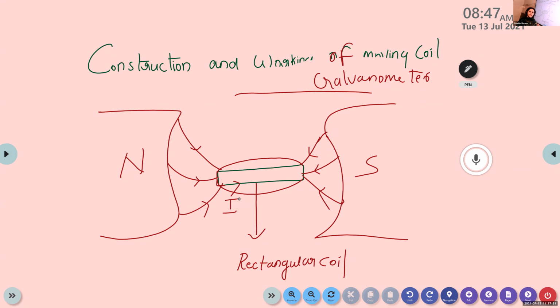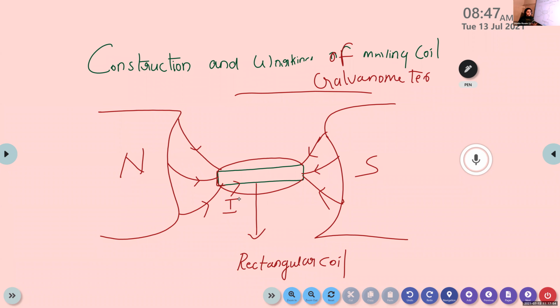And this rotational effect of the coil in a uniform magnetic field is known as dash. What is that?